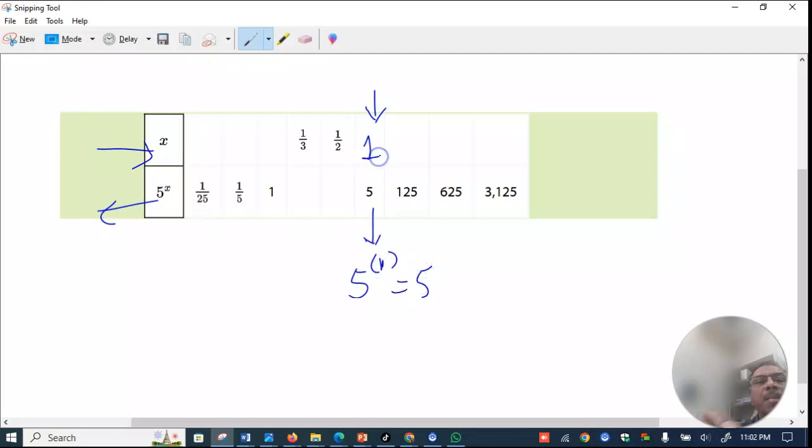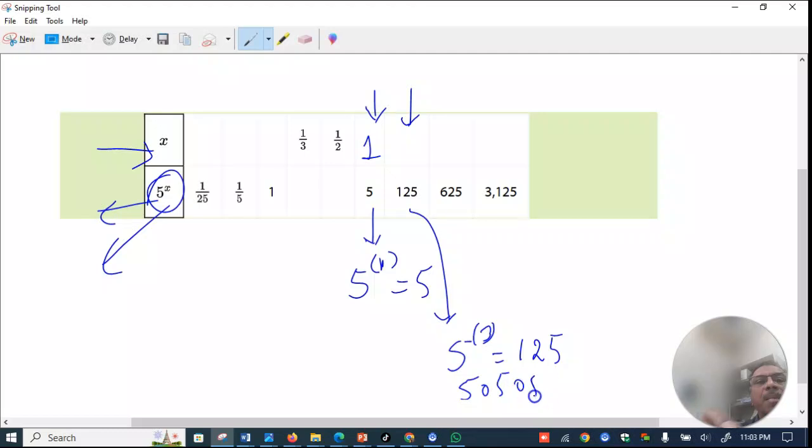So this is 1. And the next one, what input is this? That means 5 raised to, because this is the exponential function, 5 raised to what? How many 5s do we multiply to get to 125? And you can see it has to be 3, because 5 times 5 times 5 is 125.